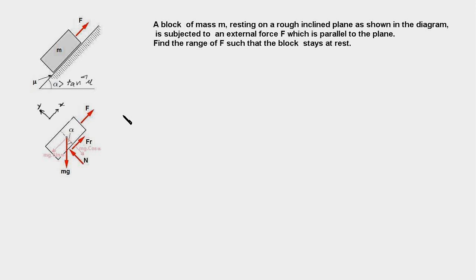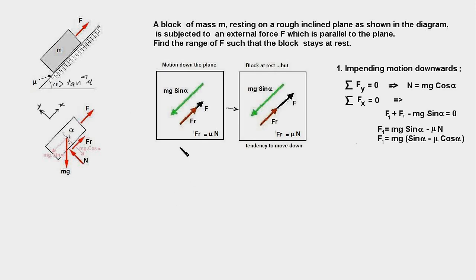So now we'll shift our attention to another diagram which shows just these three forces. Here, as you notice, the applied force F is extremely small and is acting up the plane.